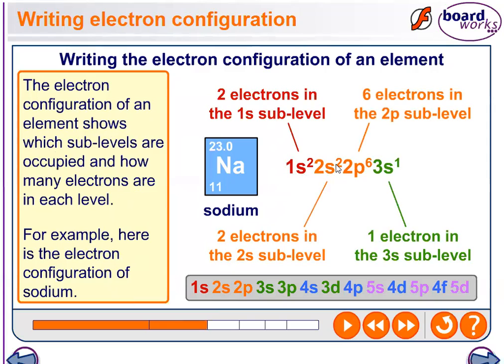So 2s will be occupied by 2, so we get 4 out of 11. We still have 7. 2p will get 6, so we already have 10, and we still have 1 electron that will occupy the 3s. That means we distribute like this: 2, 2, so 4, 6, 10, and 1. So we finish and stop here. Good idea?